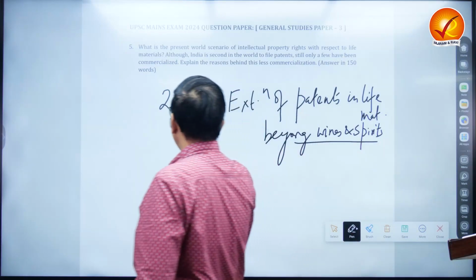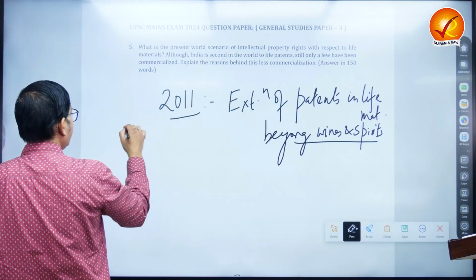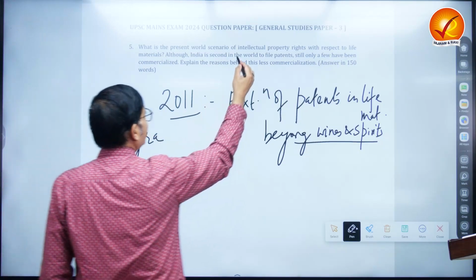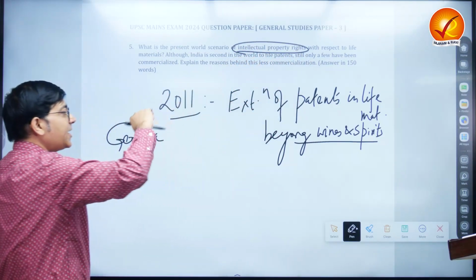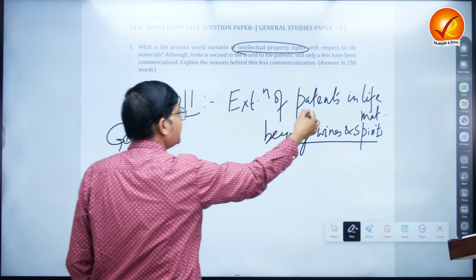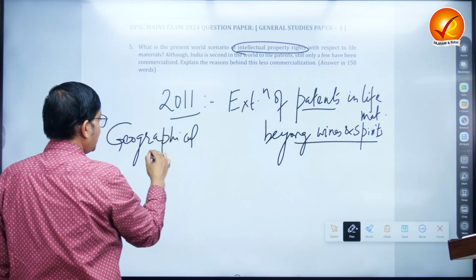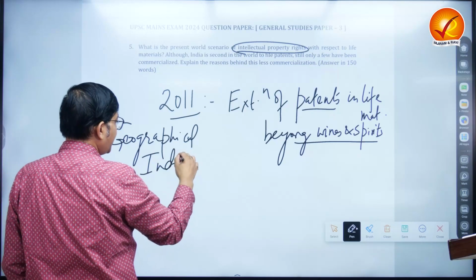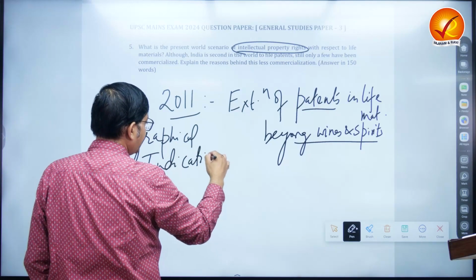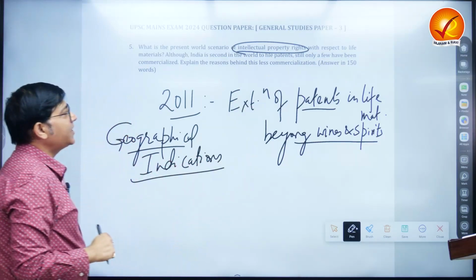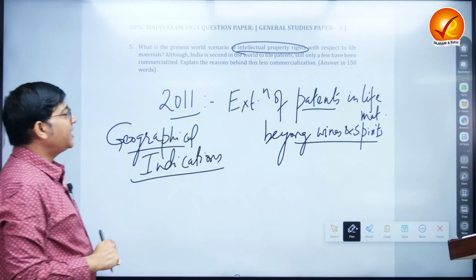There is another thing that comes in around this time, geographical indication. It is only talking about IPR. So IPR can be anything, patents or even geographical indications. The introduction of the geographical indications concept in the TRIPS agreement, GIs, actually was important in protecting life material.